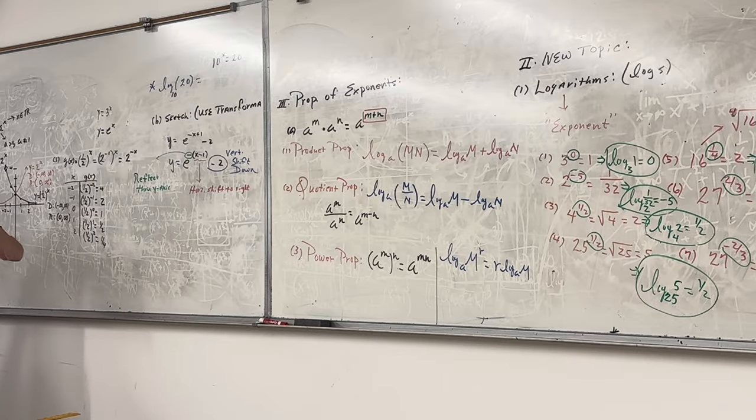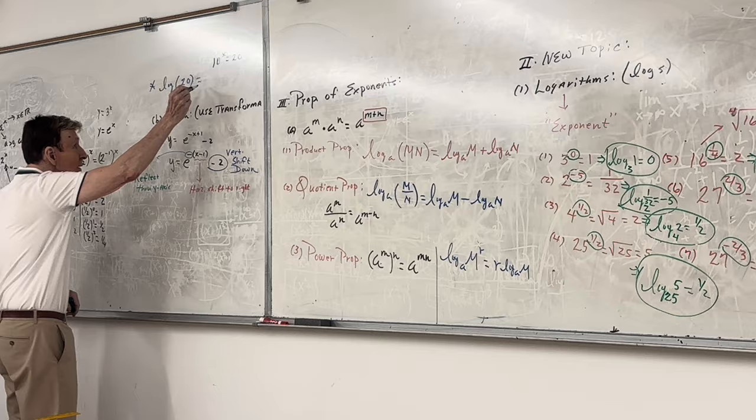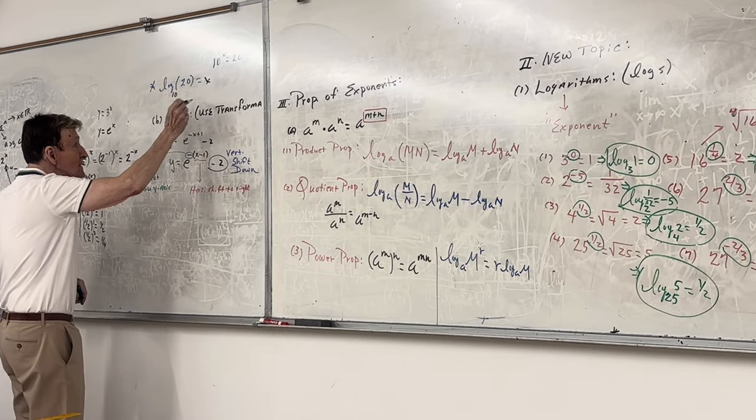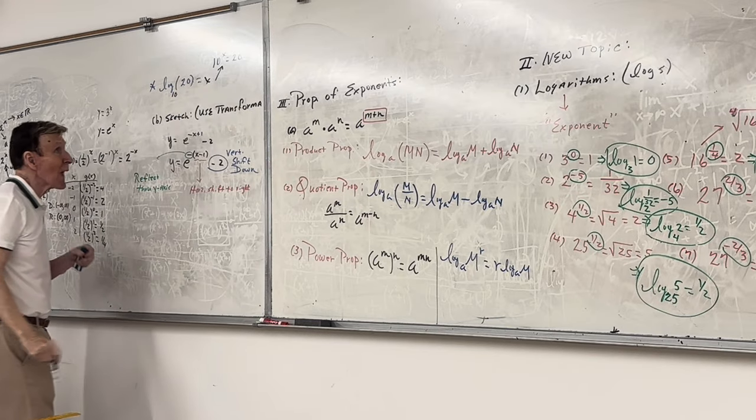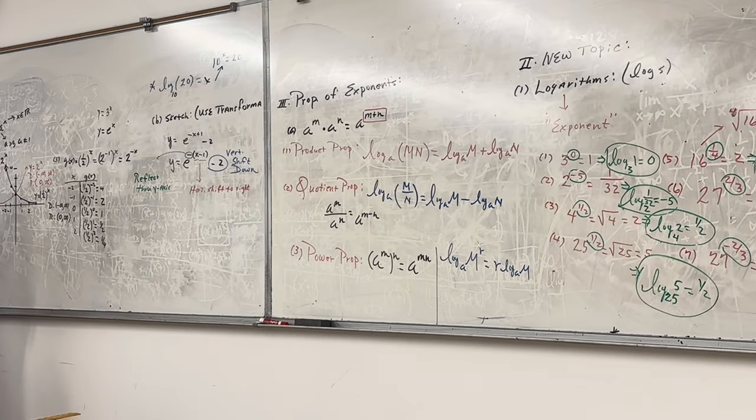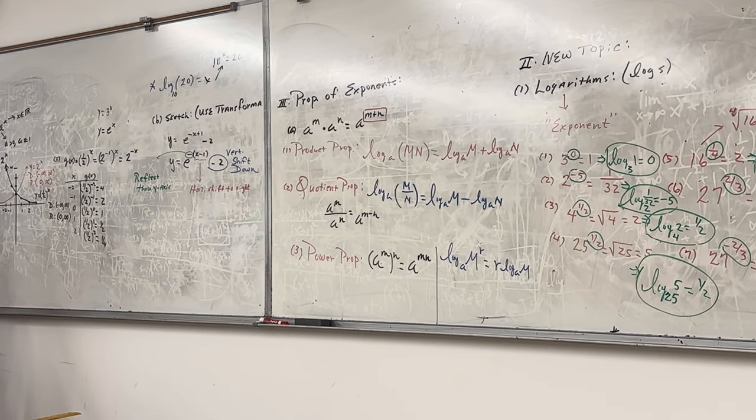So are you going to rewrite 20 with an exponent? I want you to use one of those properties. And then we'll take a break. Let's say you're really desperate and say, Professor, I have no idea.